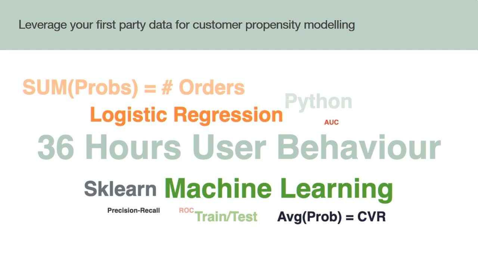In terms of measuring how good our model is, we do use some metrics that are native to data science models, like area under the curve, precision and recall, the very classic data science metrics of a model.